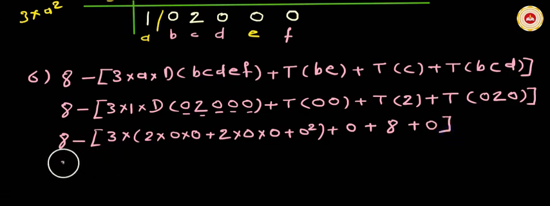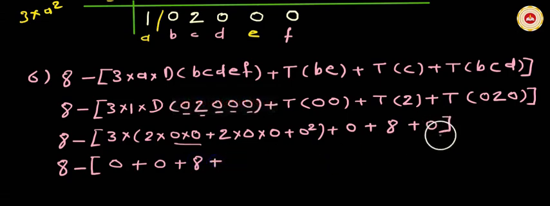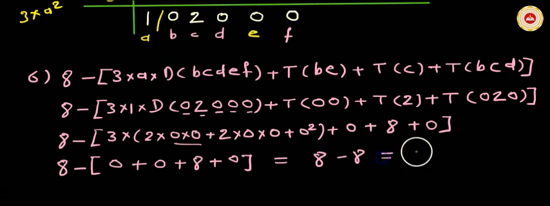Okay, let us solve it. 8 minus 3 multiplied by, see, this term is 0, that means 3 multiplied by 0 is 0, plus 0, plus 8, plus 0, which is equal to 8 minus 8 equal to 0, and this 0 is the net dividend.